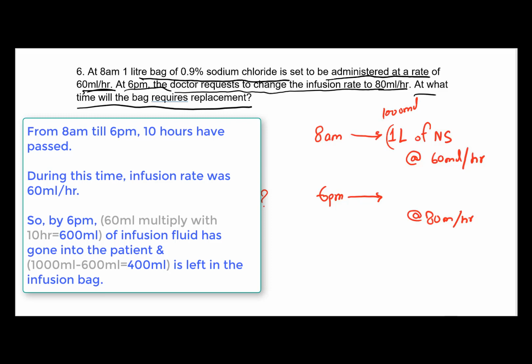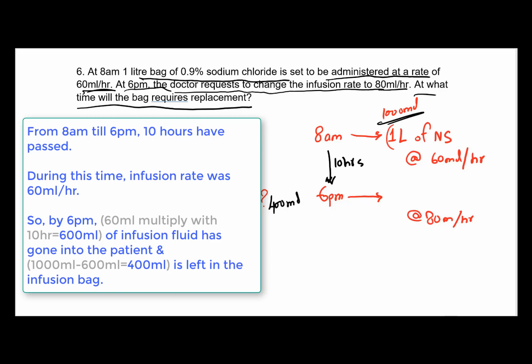From 8 a.m. till 6 p.m., how many hours are there? 10 hours, and the infusion is given at 60 mils per hour. So we started with 1000 milliliters, right? So after 10 hours, how much volume is left? Yes, I'm left with 400 milliliters.